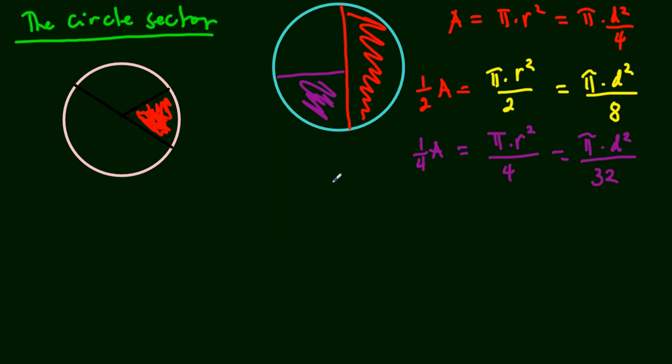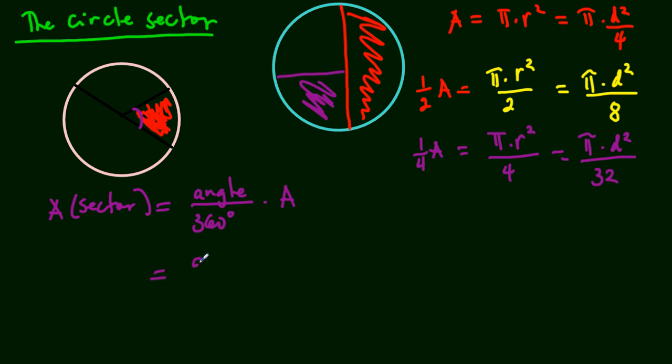So as you can see now, the area of a sector, if I have any angle, it's not exact, it's not 90, it's not 180, is always the angle divided by 360 multiplied by the area of the whole circle.